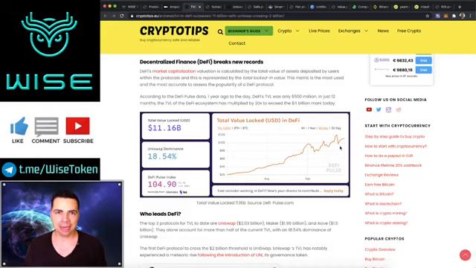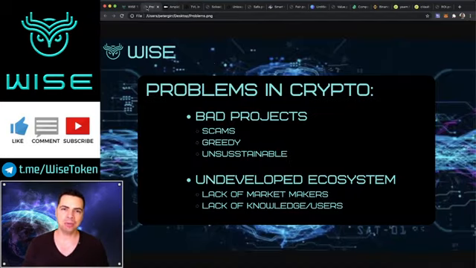Now, unfortunately, 99% of them are scams, and it's really hard. And even the ones that are trying to be good usually do not have the sustainability. They don't have the tokenomics to actually last, because they're either hyperinflationary, they print way too many tokens and it just tanks the price of their token, or there are flaws in the entire ecosystem and they don't last.